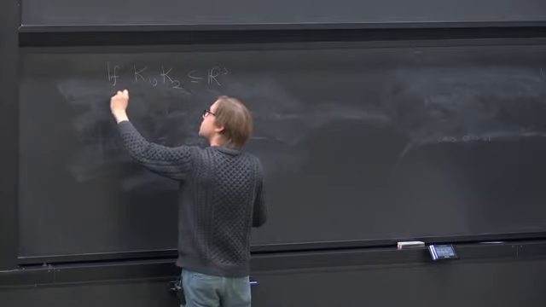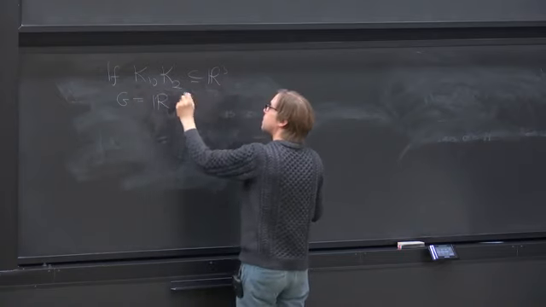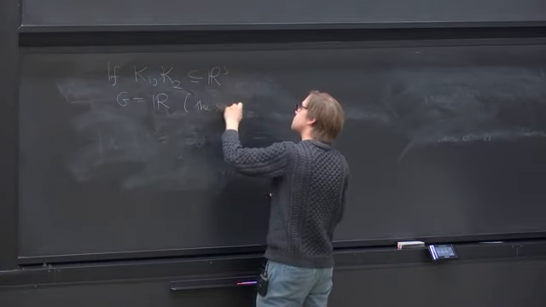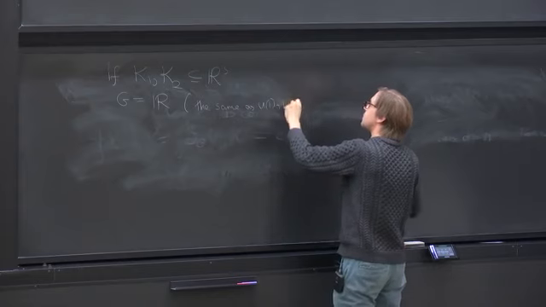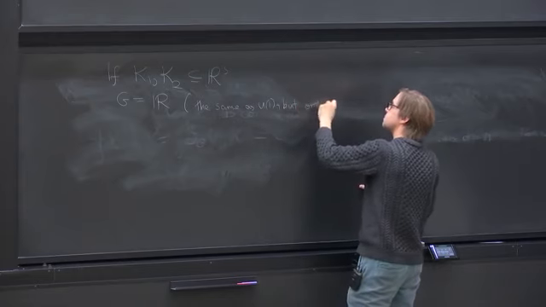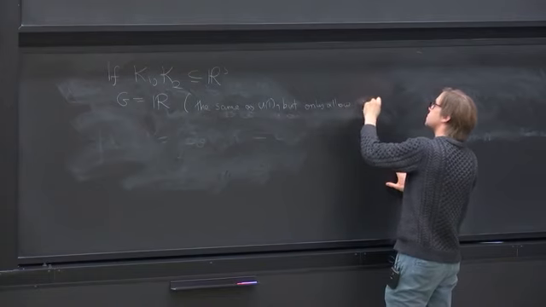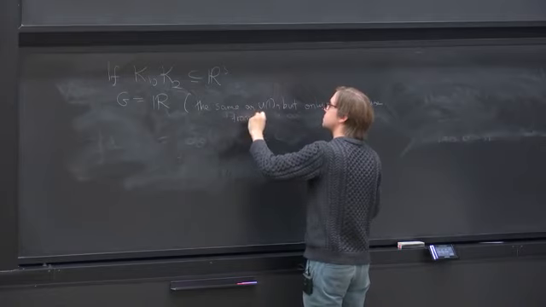So we're going to take my group to be R. This is really the same as U(1), but we only allow small gauge transformations.